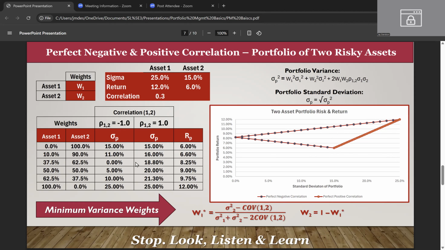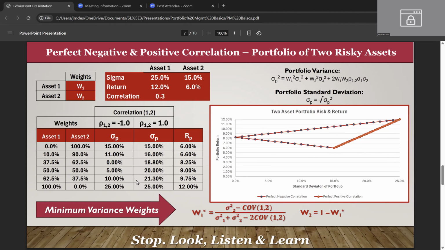And again, if you want to find that, it's not unreasonable to think that they may ask you something like that. What weights would reduce the variance of the portfolio to zero, given all this data here? Well, then you would use this formula here to tell you how much you should invest in asset one and how much you should invest in asset two.